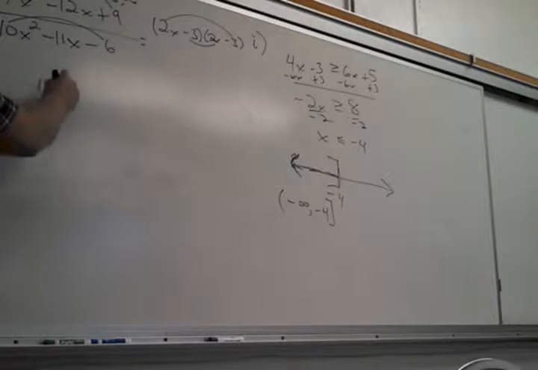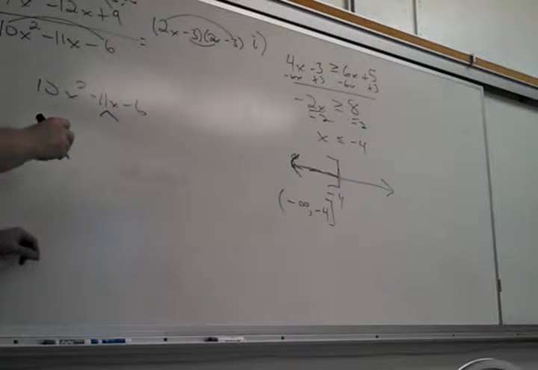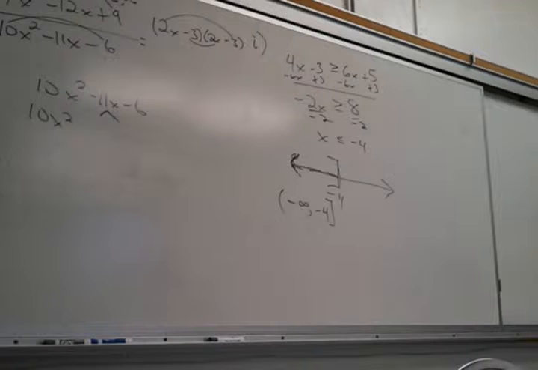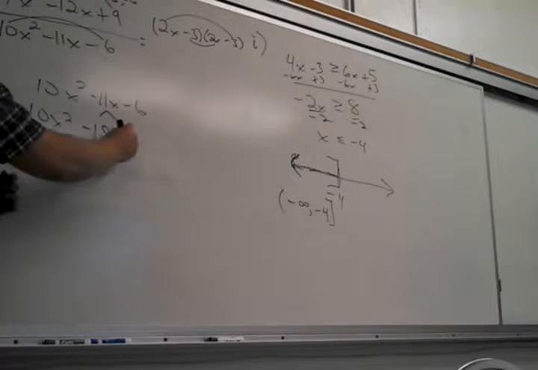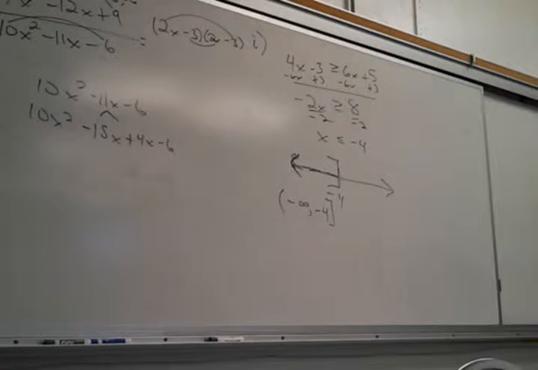So let me look at this by itself here. Break up that middle term. Break it up using these numbers, right? Negative 15x. Good. It's 4 and 6. And of course, the whole reason we do that is because now I can group. I love it. Grouping is one of the easier forms, right?